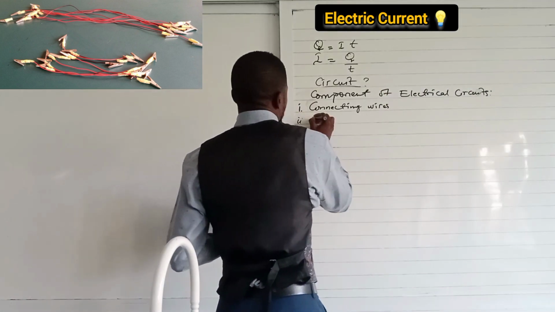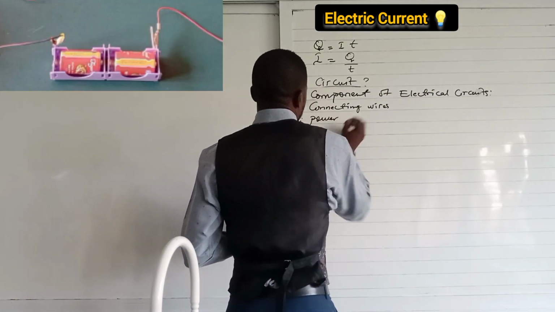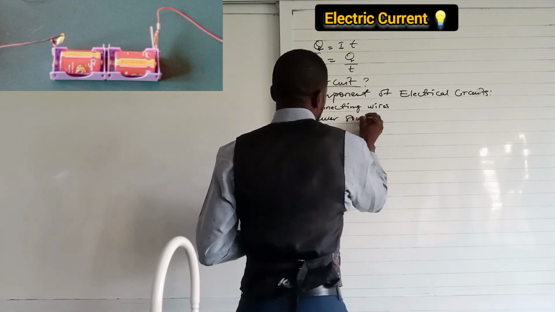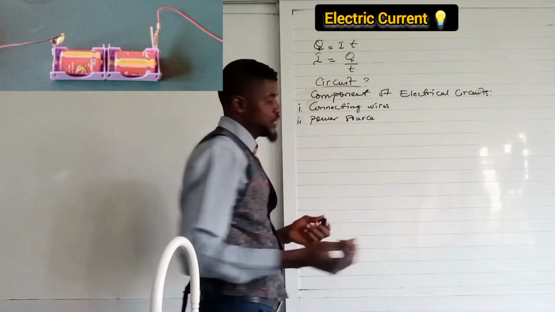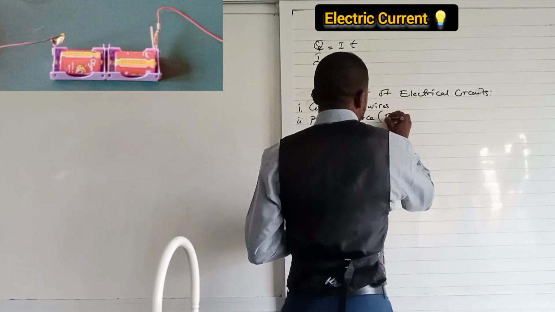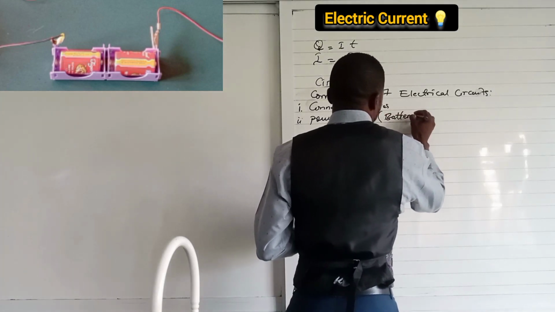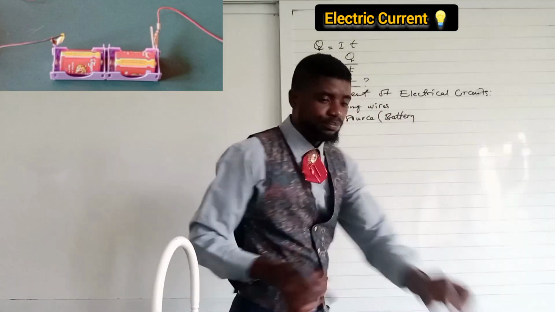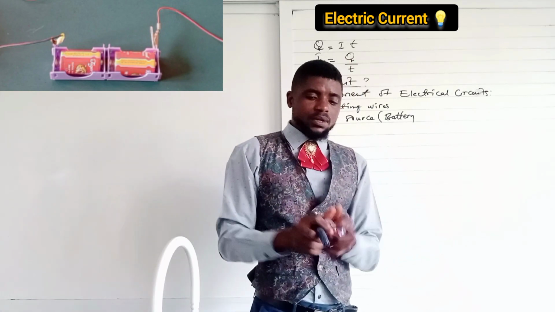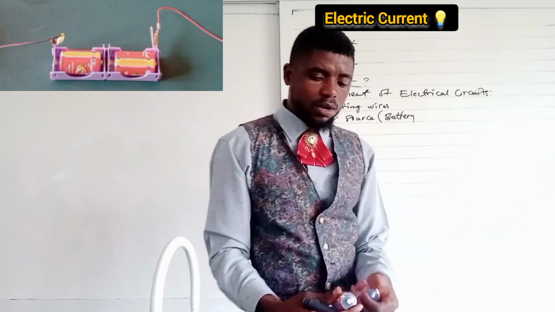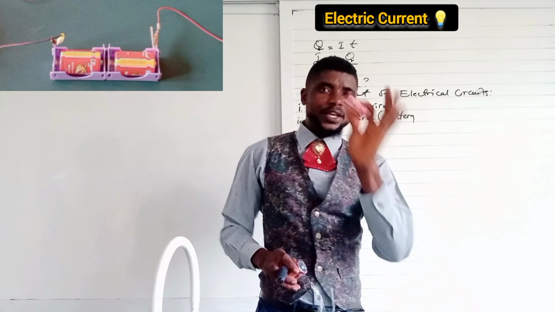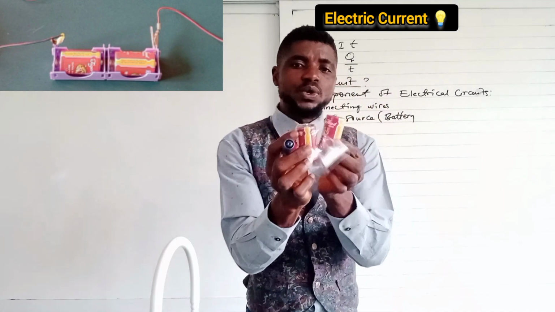Number two, we have the power source. The power source can be the battery. One of these is called a cell, and the two we call a battery.